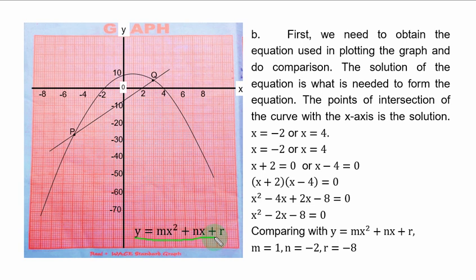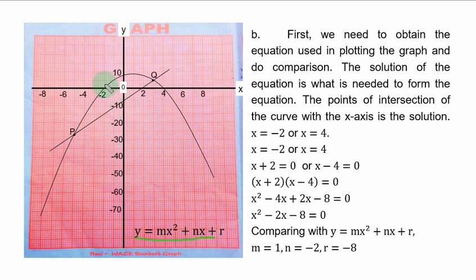The solution of the equation is what is needed to form the equation. Because the given equation is quadratic, we are interested in the curve. So the point of intersection of the curve with the x-axis is the solution.